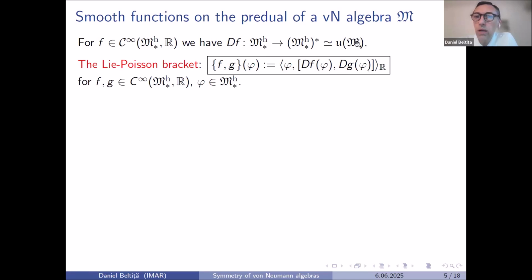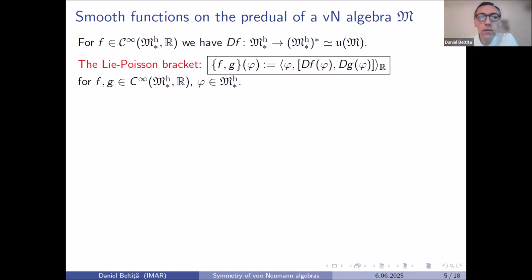It will belong to the same algebra, and then we can apply, via the duality pairing, the point where we did the computation. Please notice that this expression on the right-hand side is by no means linear, because this df of course does not depend linearly on the point where we take the derivative. So by this formula, for any two smooth functions, we obtain another function denoted by curly brackets like here.